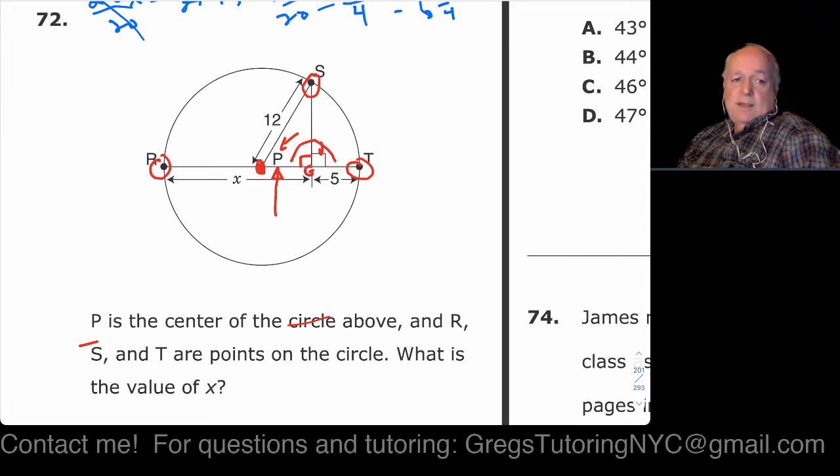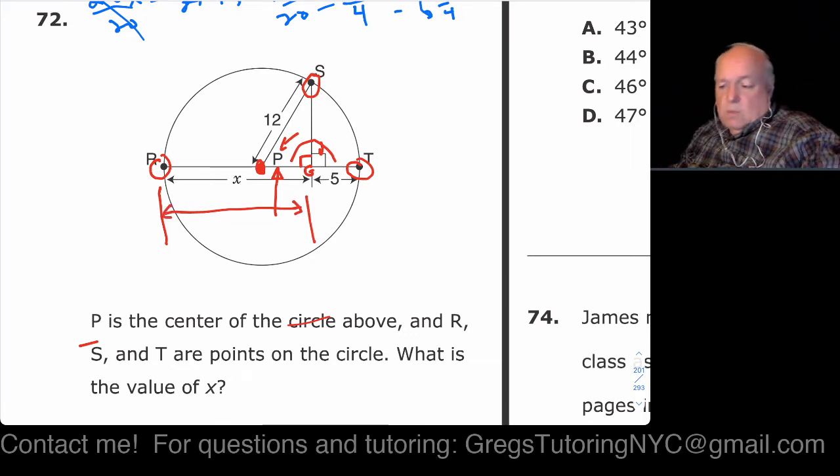All right, so that seems obvious if that was a circle and P was the center of it. Okay, so what is the value of x? We're trying to find that length from here to right there. Okay, and what I found working with students on this question so many times is students keep focusing on the triangle, and you also need to see other things leap out.